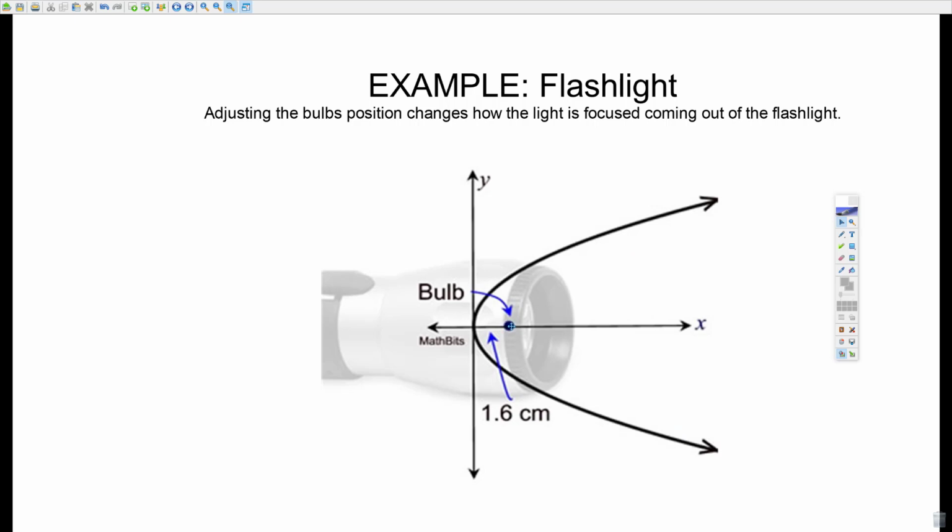So this point changes every output around the parabola. So you see now the focus is based on where a point is that relates to all the points in the parabola, and this point we'll call our focus point.